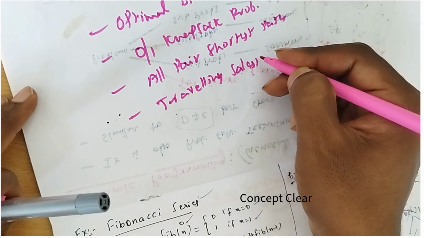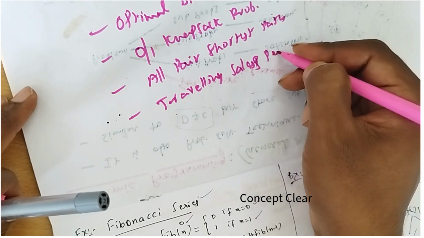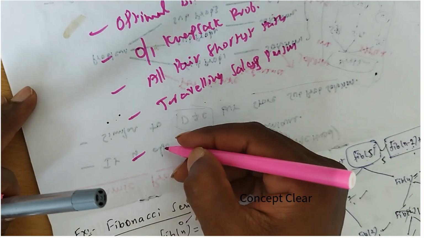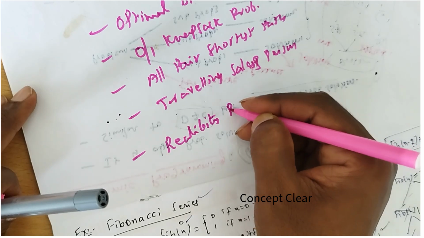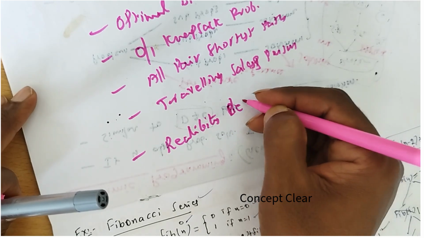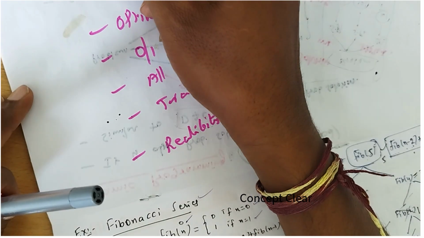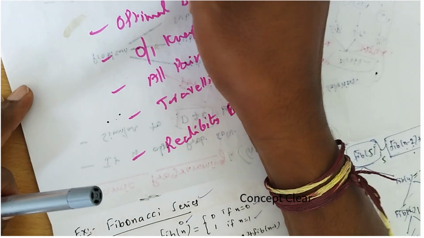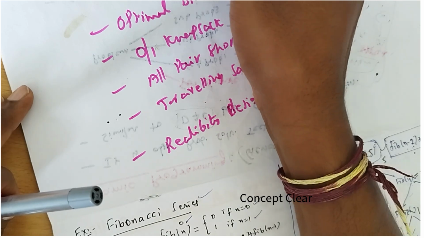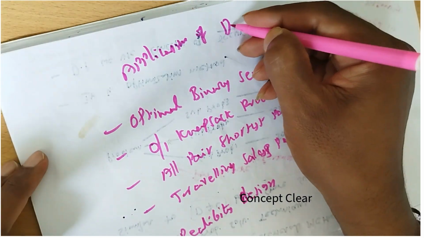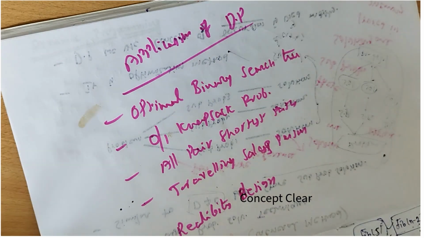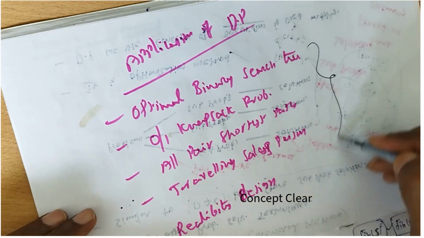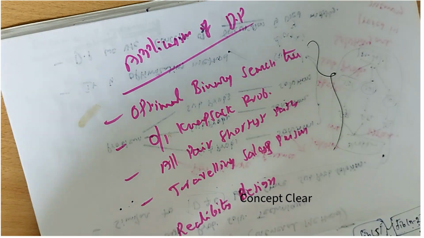Traveling salesperson. And the last one is reliability design. These are the applications of dynamic programming. In this chapter we will discuss all these topics, then only our unit will be completed.